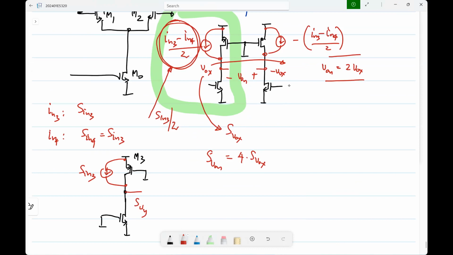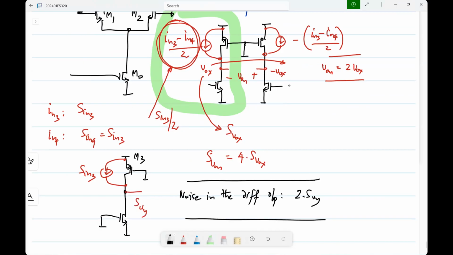And the noise in the differential output would be two times SVY. Is this clear? Here, basically, I do the analysis with half the spectral density, and whatever I get out, I multiply by 4. Instead of that, I am saying you just analyze with whatever spectral density is there. You don't need to multiply this by half. Whatever you get, you simply multiply by 2 instead. That's all. Okay.